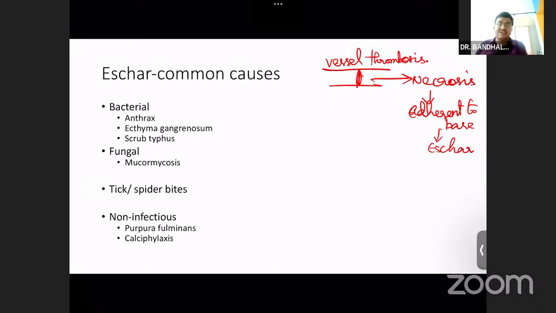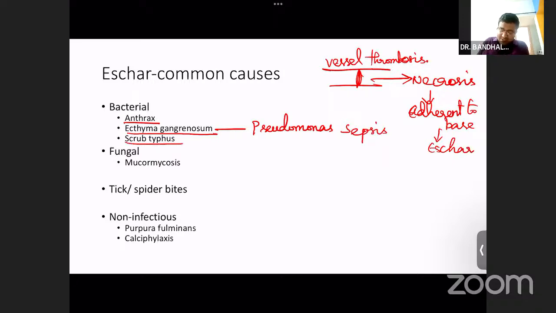If you see the infectious causes, in bacterial, we know cutaneous anthrax will lead to eschar. Another is ecthyma gangrenosum, which is very important. It is caused by Pseudomonas, especially when the patient is having sepsis. Pseudomonas sepsis will lead to ecthyma gangrenosum.